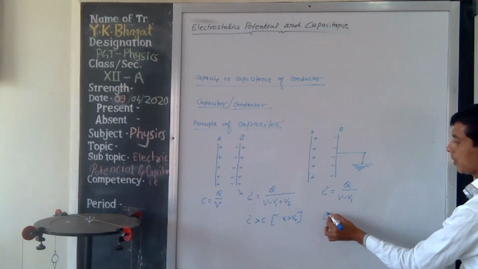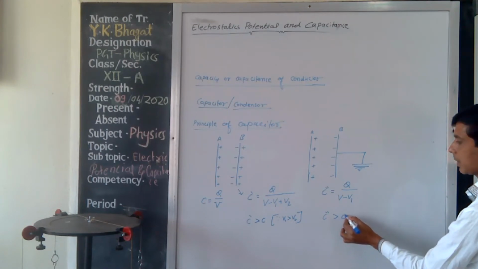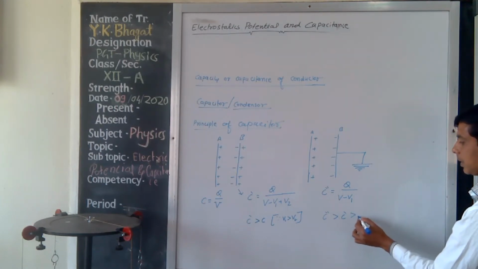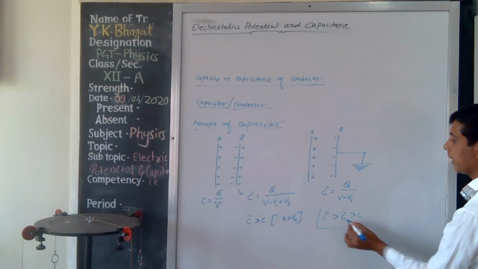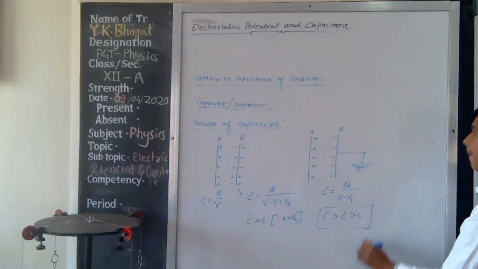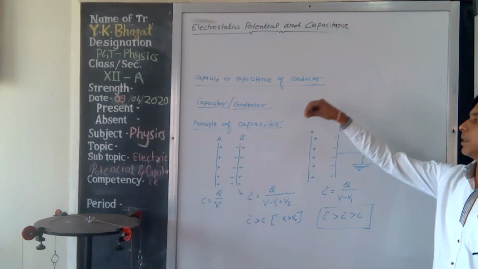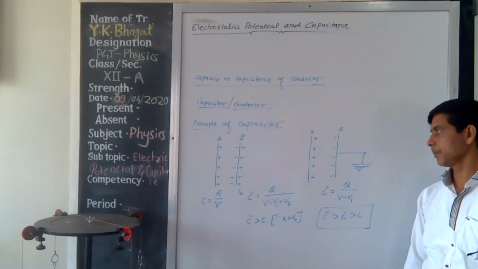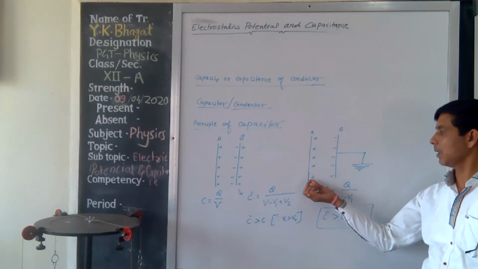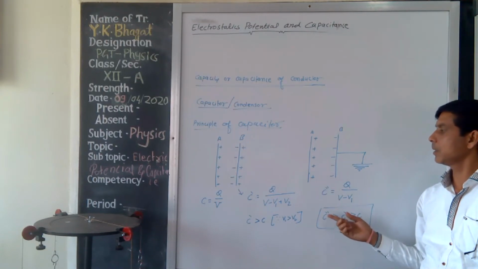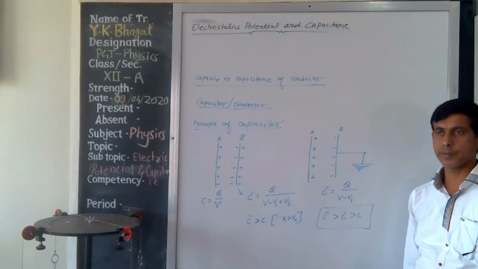That means C double dash will be greater than C dash, which is greater than C. In this way, we observe that without any change in the supply of charge and the shape of the conductor, the capacity increases.